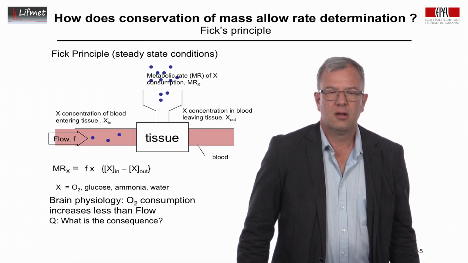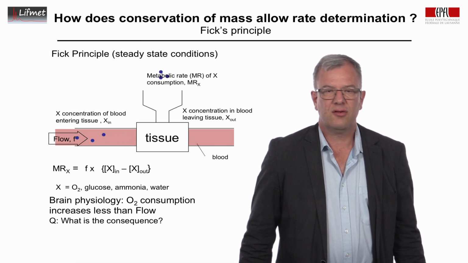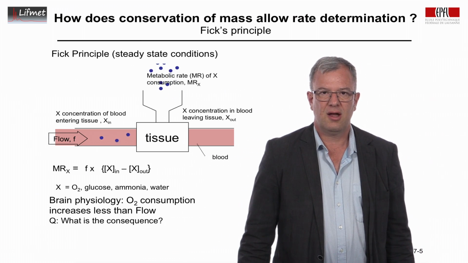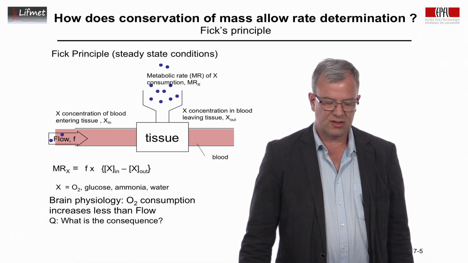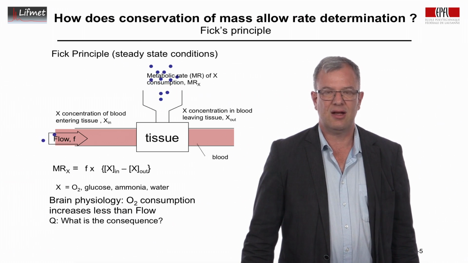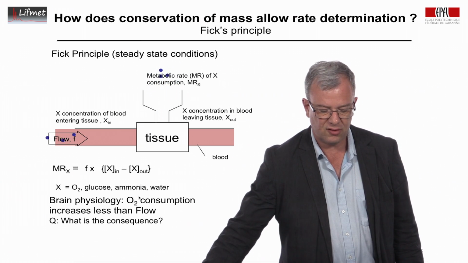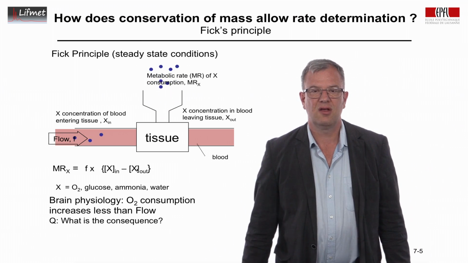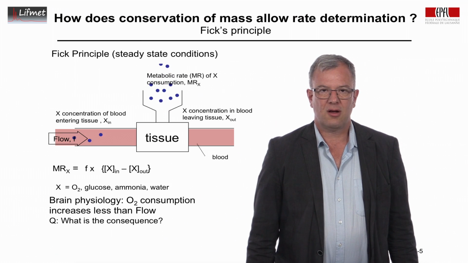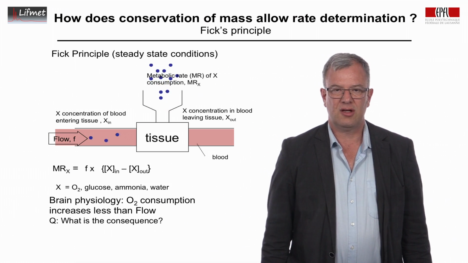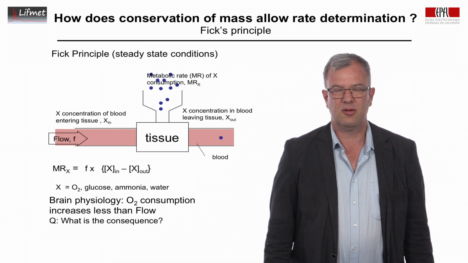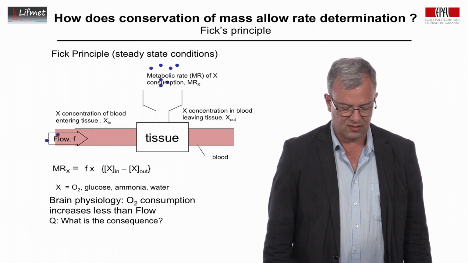Now, the arterial concentration of oxygen is not going to change. There is no mechanism by which an increased supply will change the concentration of oxygen of the blood entering the tissue. So the only thing that can happen is that the oxygen concentration in the venous effluent from the tissue is increasing, and therefore the concentration difference between in and out decreases.